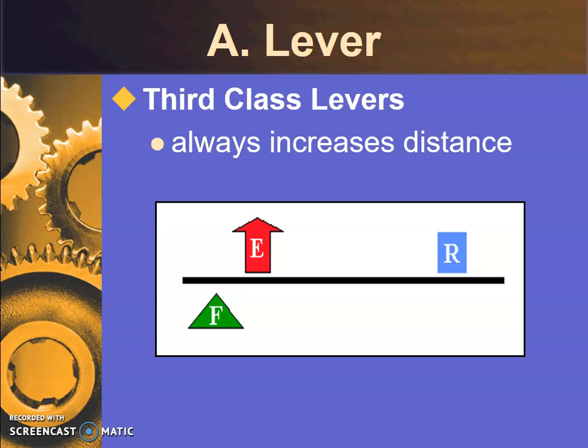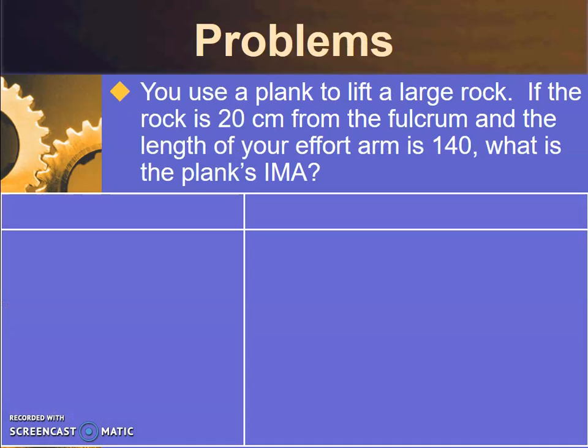All right, now let's do an example problem and see how to calculate the mechanical advantage of levers. You use a plank to lift a large rock. If the rock is 20 centimeters from the fulcrum and the length of your effort arm is 140, what is the plank's IMA? Let's draw a diagram so we can picture how this is working.